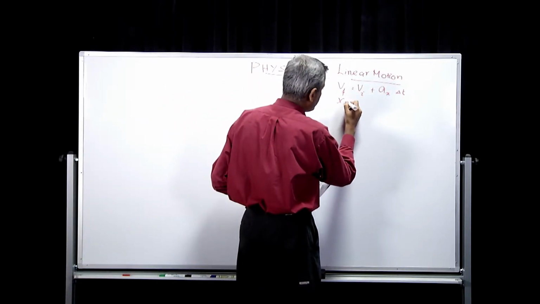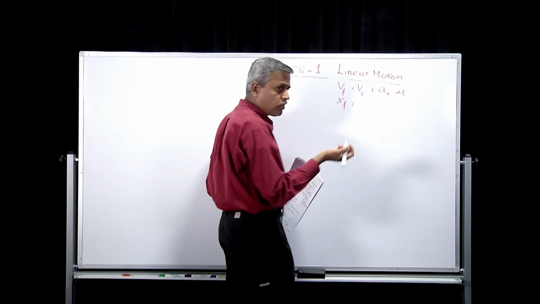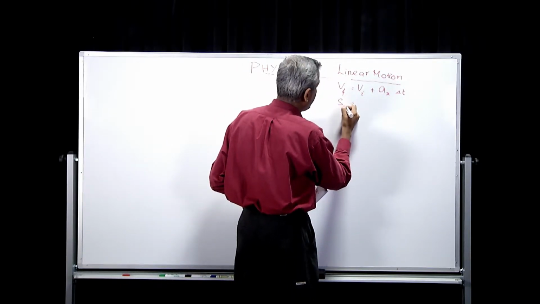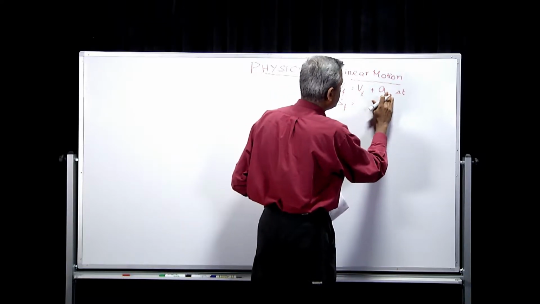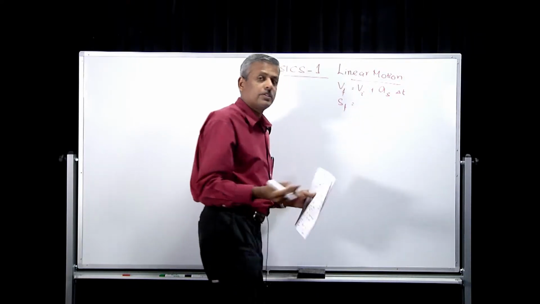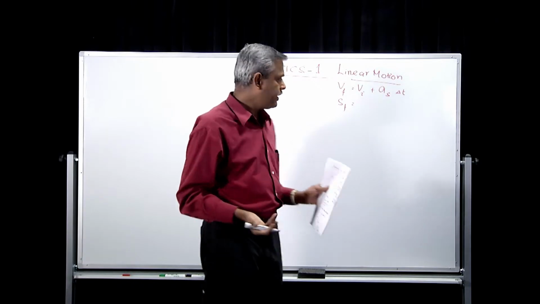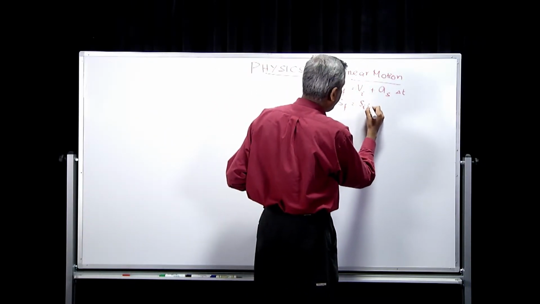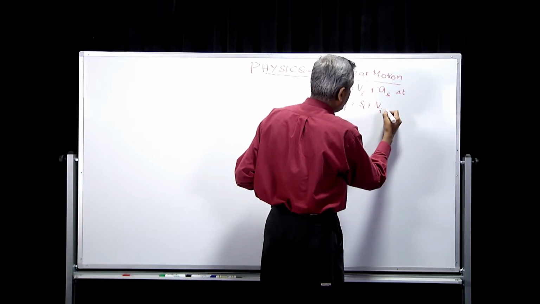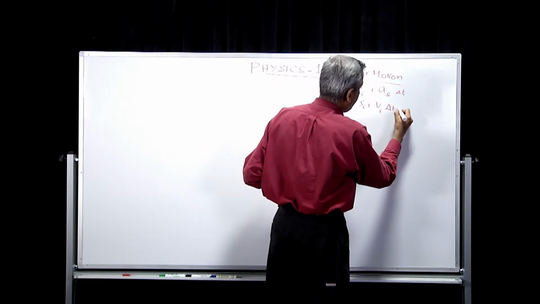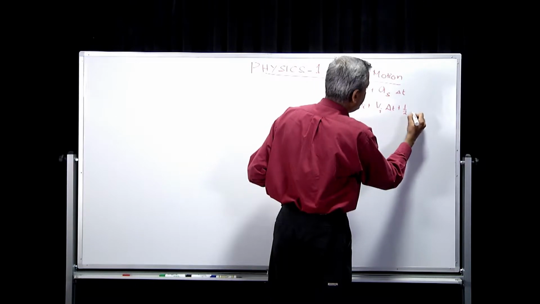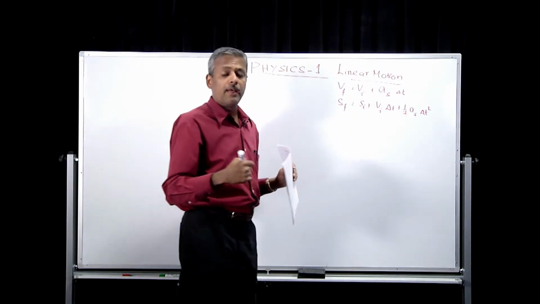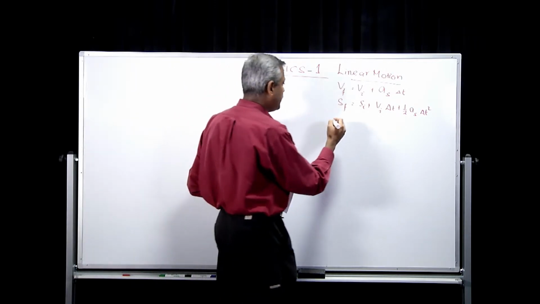We know the final position of any object, x or y. I put this x or y in terms of s, so that it is a generic x or y motion. So, s final is s initial plus v initial delta t plus 1/2 a_s delta t squared. You already did a lot of problems based on this.